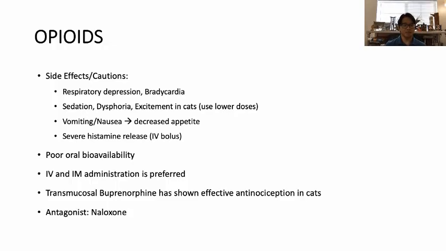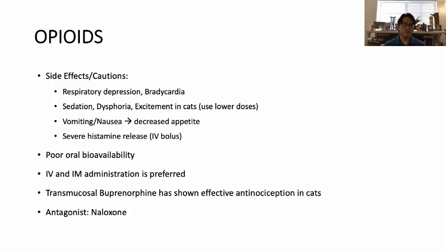An IV bolus of opioids has been found to possibly cause a severe histamine release, which is not common in the rehab service, because we usually don't give IV boluses of opioids to our patients. We usually give either IM, sub-Q, or oral route.